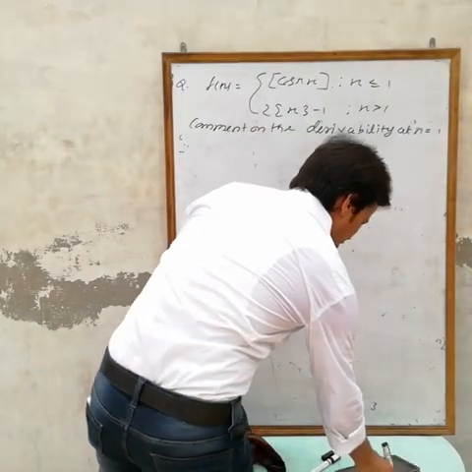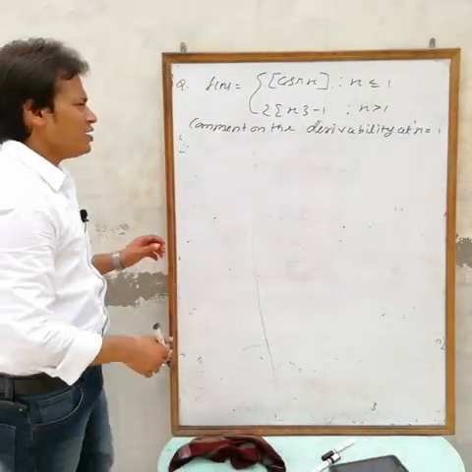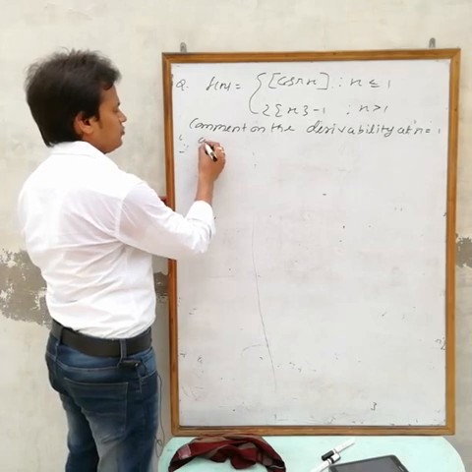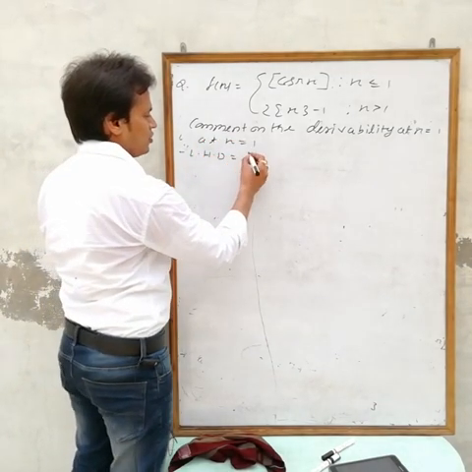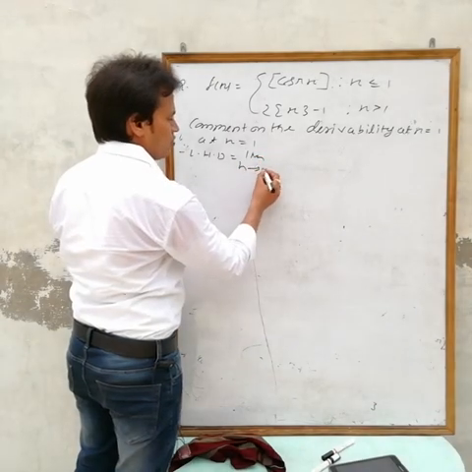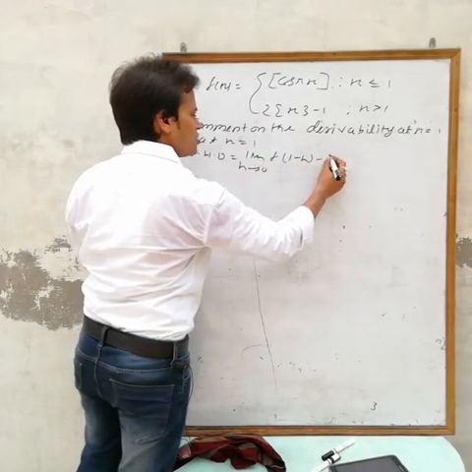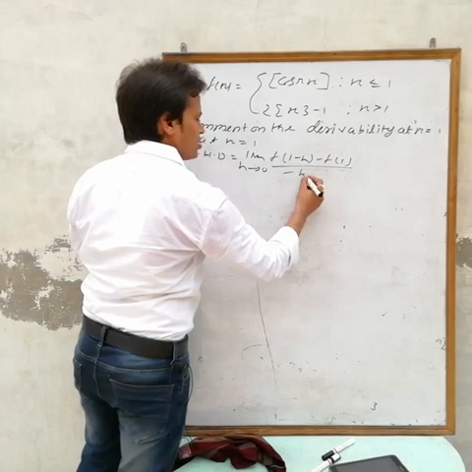Okay, then again just simply find LSD and RSD. At x equals 1, first I am finding LSD. Limit h tending to 0, f(1 minus h) minus f(1) by minus h.